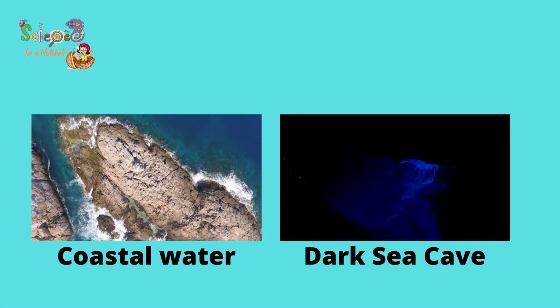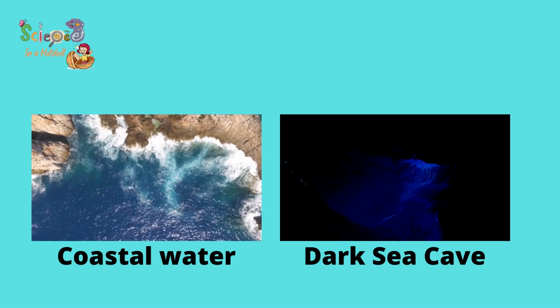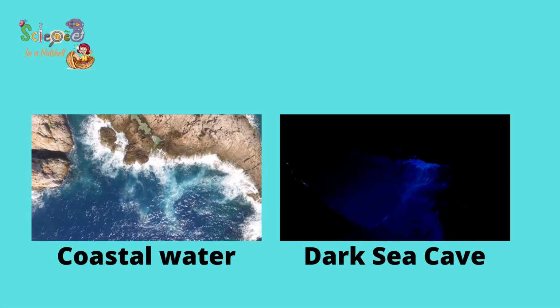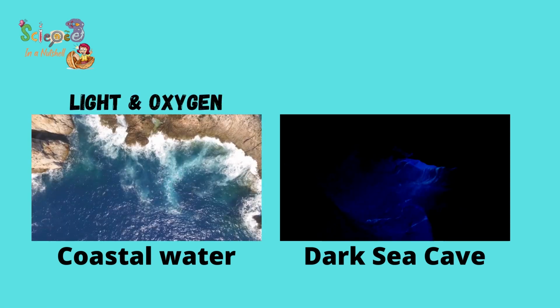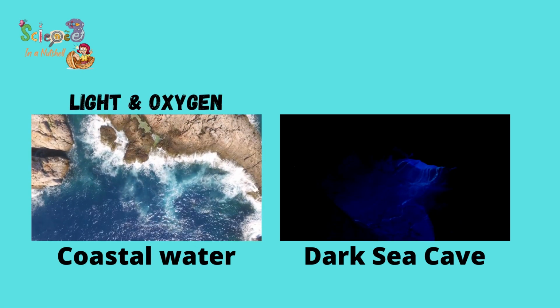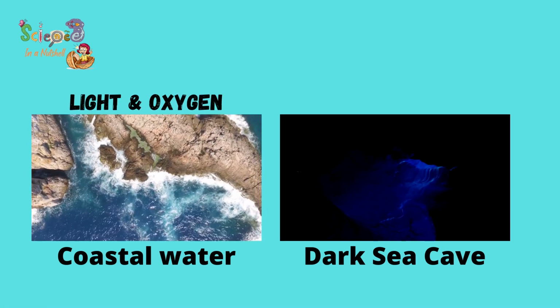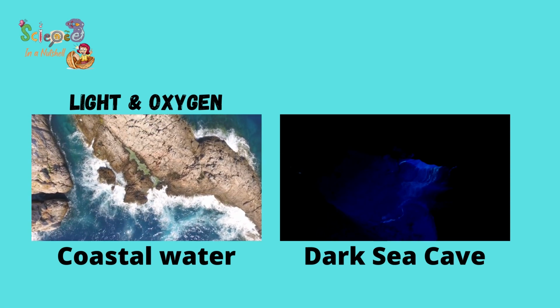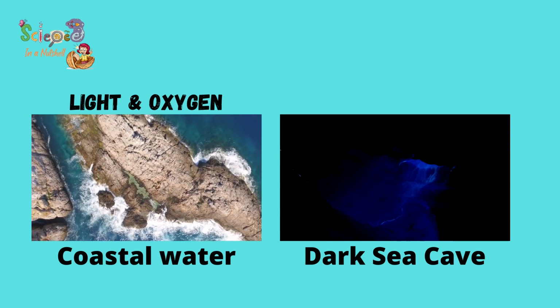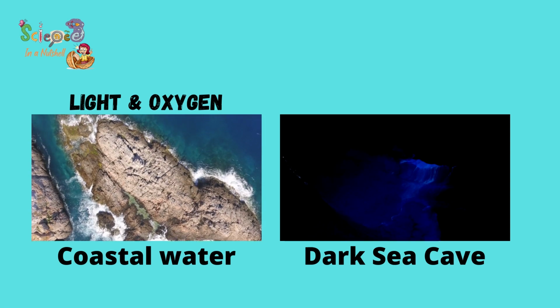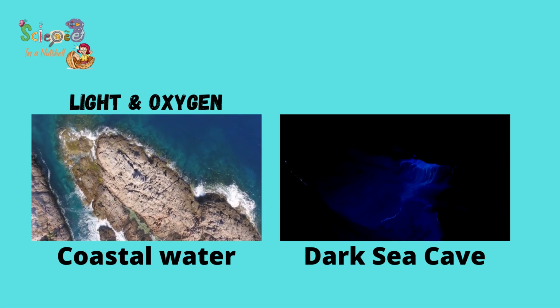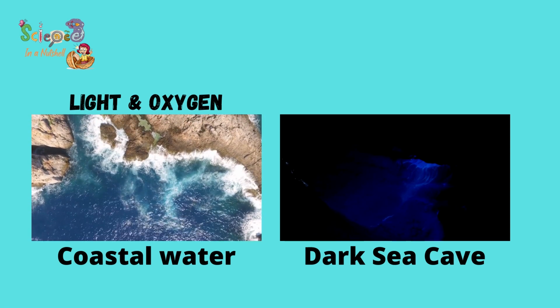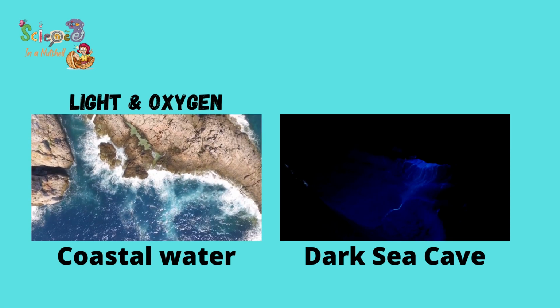The coastal water has 2 main things that are important and which are not in the dark cave. Number 1, it has good amount of light. And number 2, it has good amount of oxygen so the fish can breathe. But the dark cave will have less oxygen and it will have no light source.